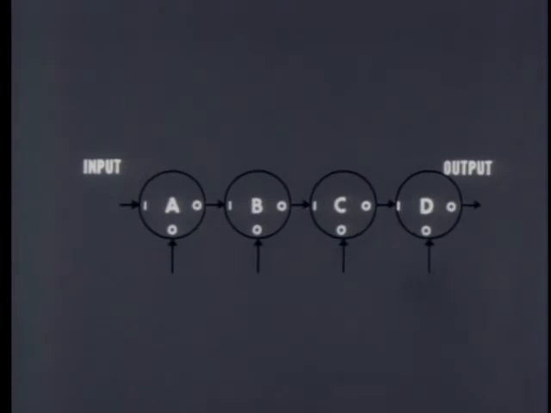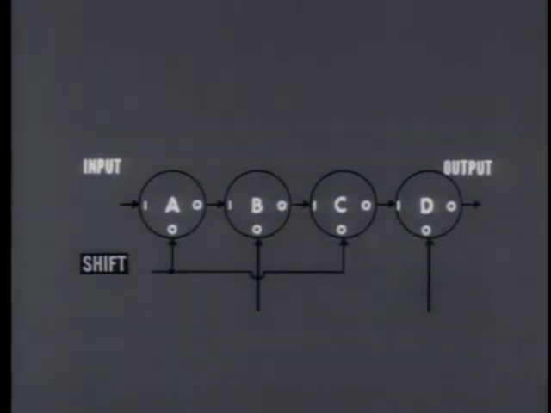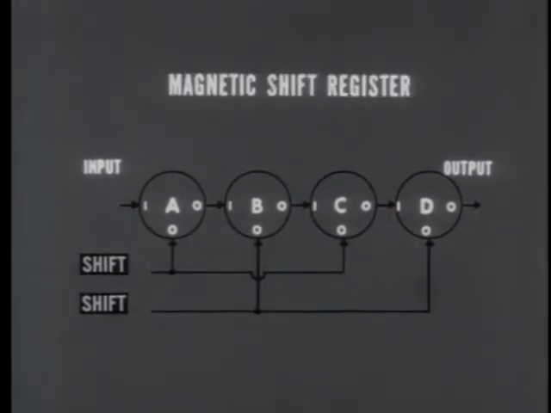Four or more cores are strung together in a series of single diode loops. The shift pulses are alternated. That is, one pulse serves cores A and C, and a second pulse serves B and D. This is a magnetic shift register, which provides a temporary storage for binary information.